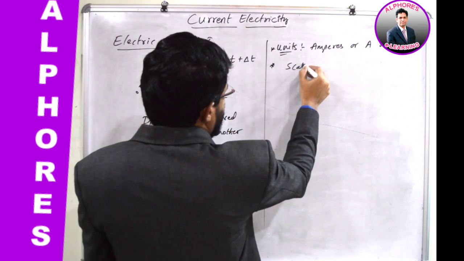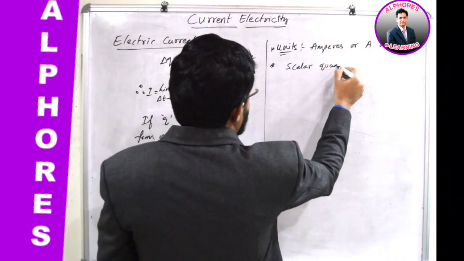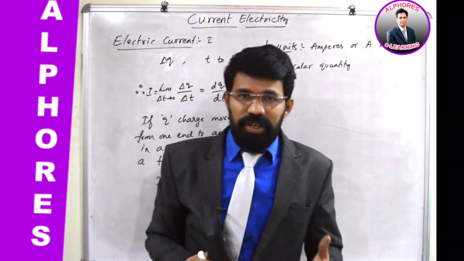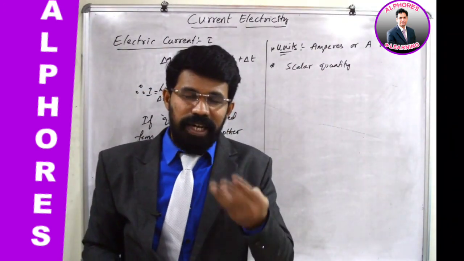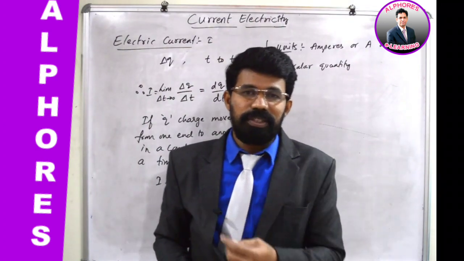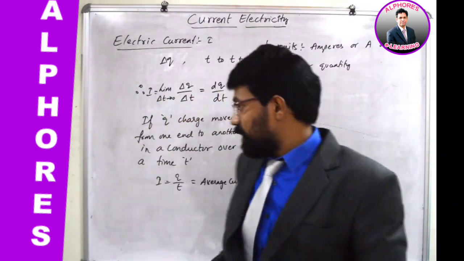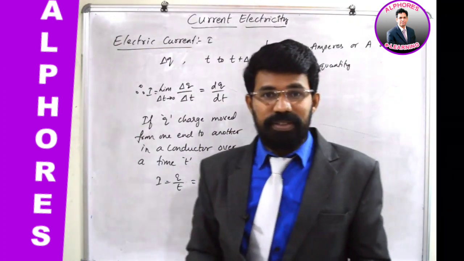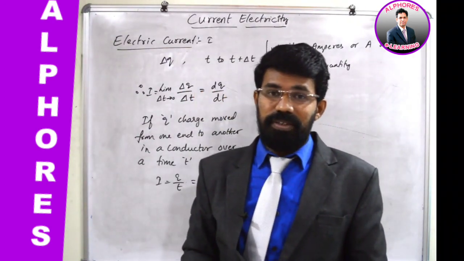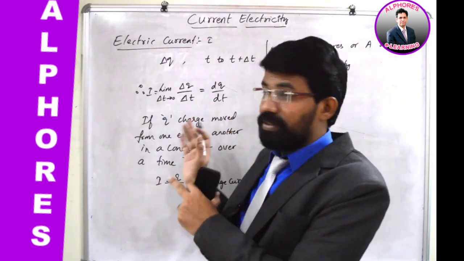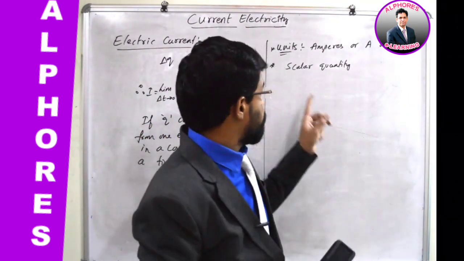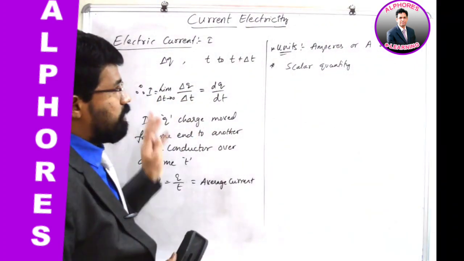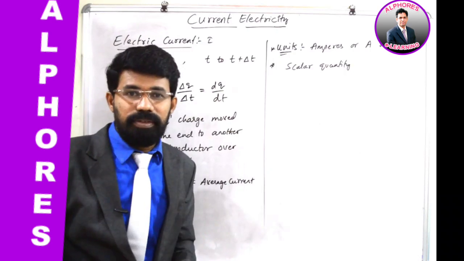All of you know why. Whenever we categorize quantities as scalar and vector quantities in first year, the very important example we quote is electric current. Electric current has both direction as well as magnitude, but it doesn't obey laws of vector addition. That's the reason why we put this under the category of scalars. These details you should remember in connection with electric current.